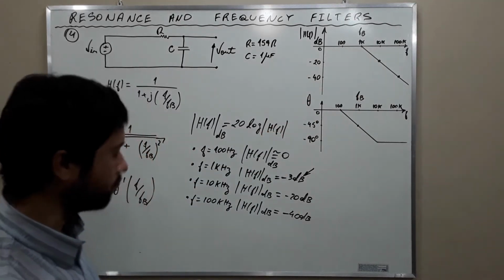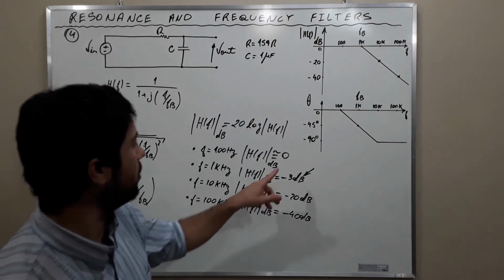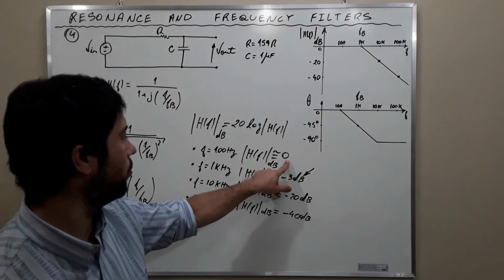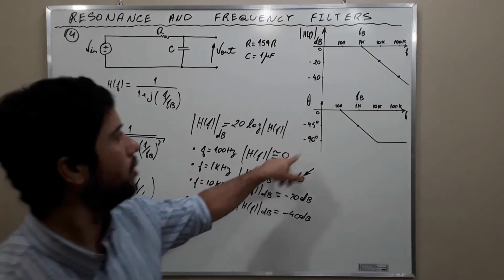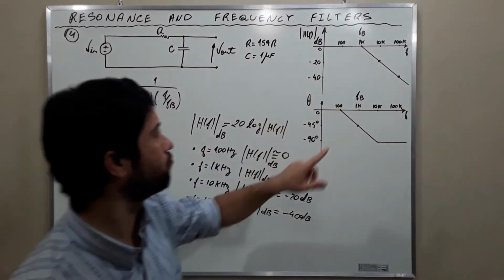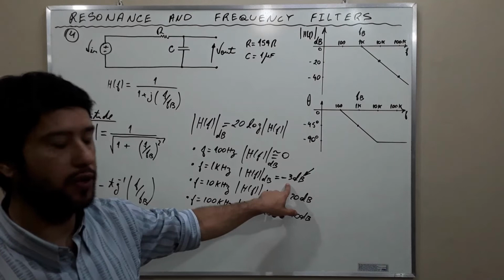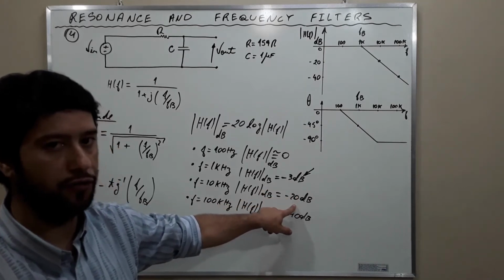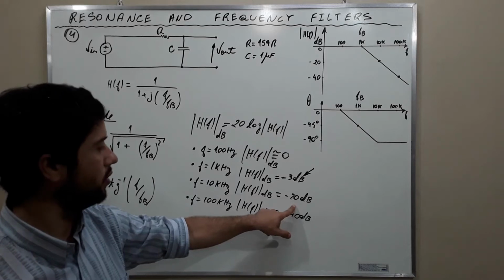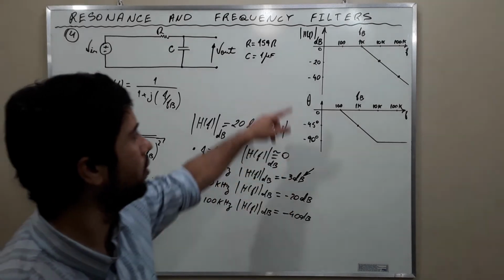This plot. But observe that here, for the frequency of 100 Hz, the magnitude is 0. Let's jump this and understand this first. For the frequency of 10 kilohertz, the magnitude is negative 20.